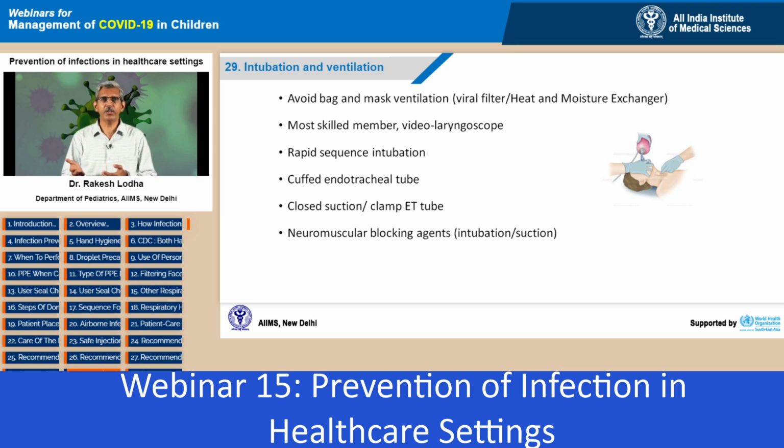Rapid sequence intubation should be done. A cuffed endotracheal tube is preferred, and if suction has to be done, a closed suction or an inline suction should be done. If not available, clamp the ET tube rather than bagging during suction. Neuromuscular blocking agents should be used during intubation or suction if the patient's condition allows that.